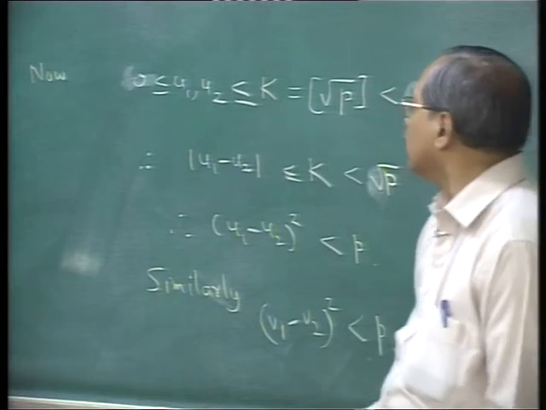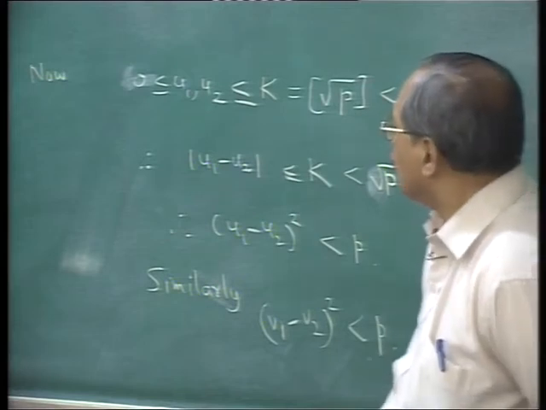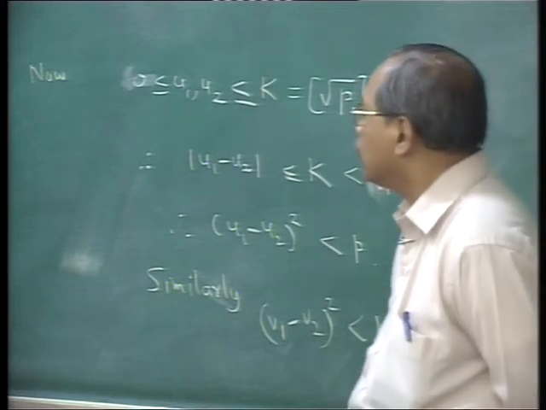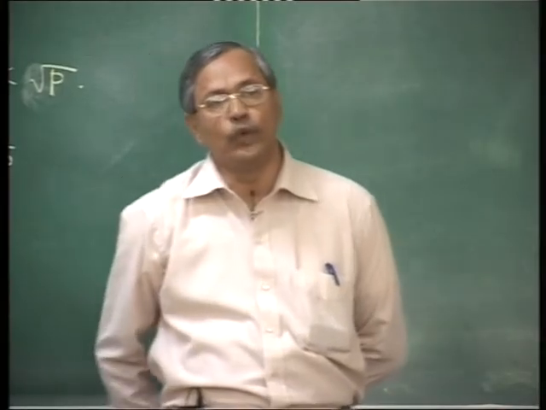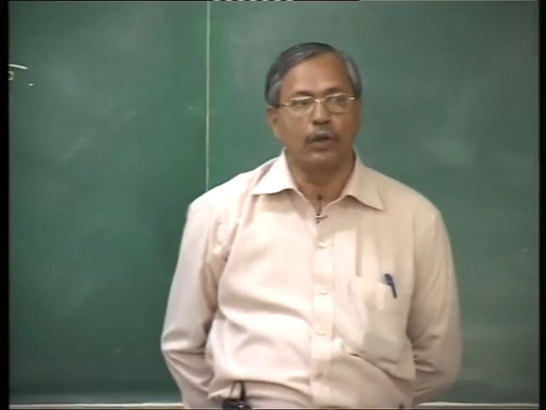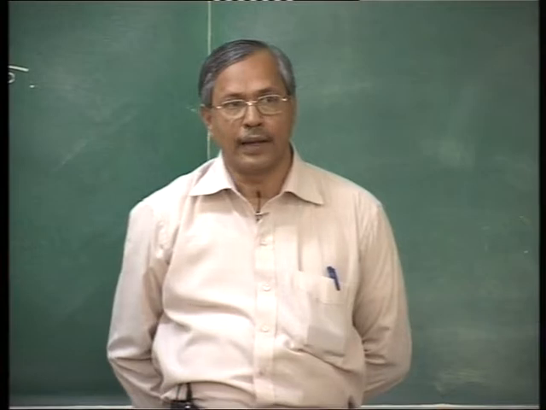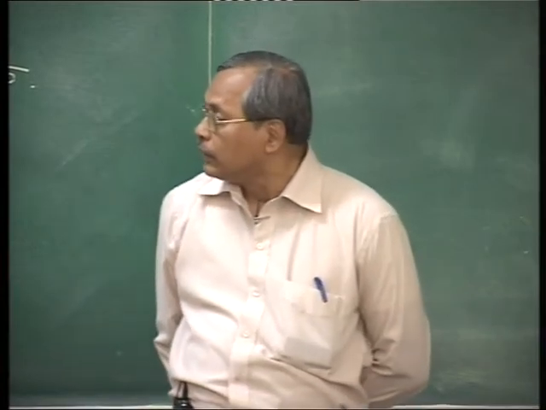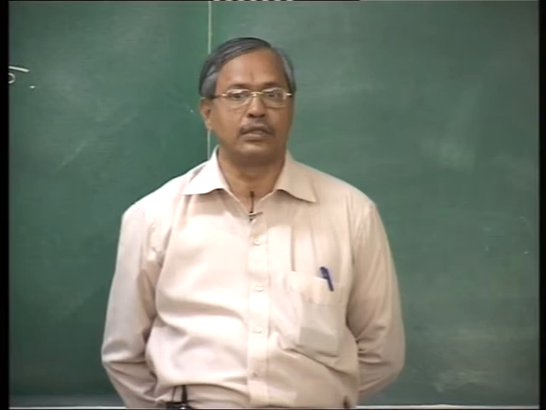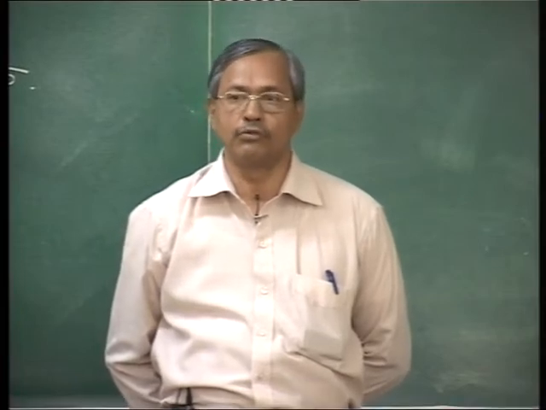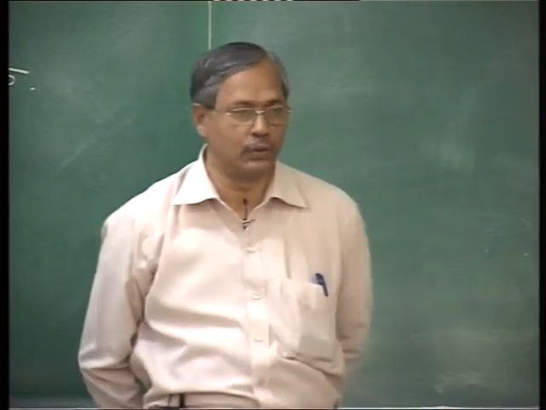Also, the pairs (u1, v1) and (u2, v2) were unequal pairs. So either u1 is not equal to u2 or v1 is not equal to v2, and that would mean that (u1 minus u2) square is bigger than 0, or (v1 minus v2) square is bigger than 0.